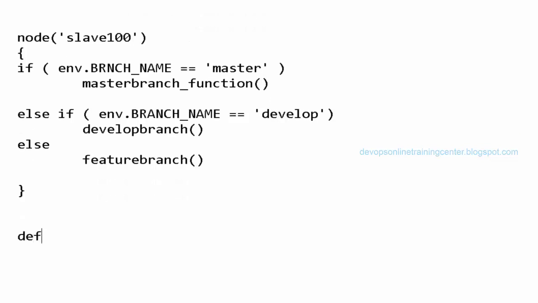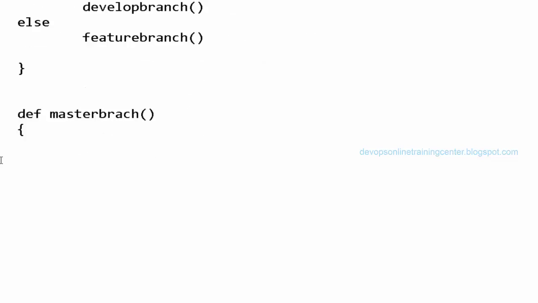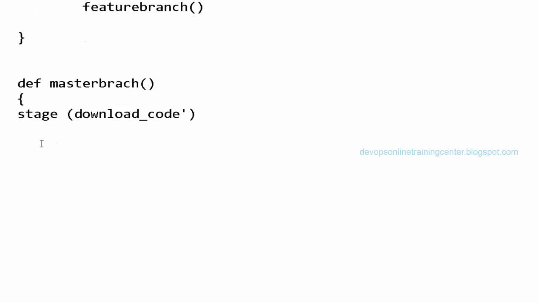So in Groovy we define the function, the definition of the function, master branch, and then you start the code, and then we can have the different stages. What is the stage? First stage is stage download code. So here I can write something like checkout SCM.